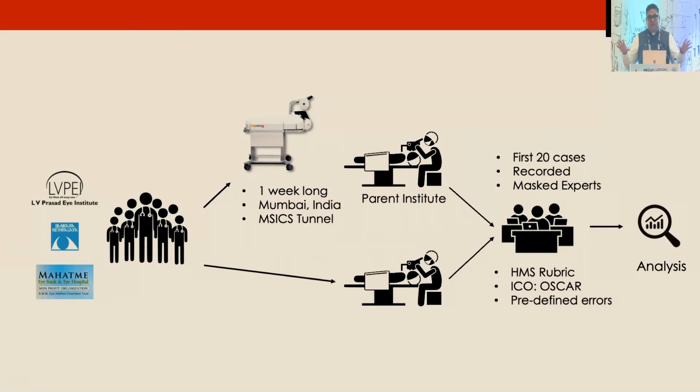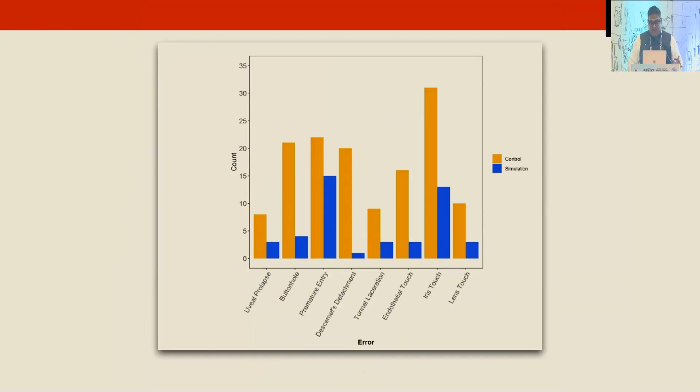The first 20 surgeries of surgeons in both groups were masked and seen by observers who did not know which video was performed by whom, and they did an analysis. They saw that these are each of the errors that you see now. The orange bar is the errors by trainees who've not learned surgery on the simulator, and the blue is the errors by trainees who've learned surgery on the simulator.